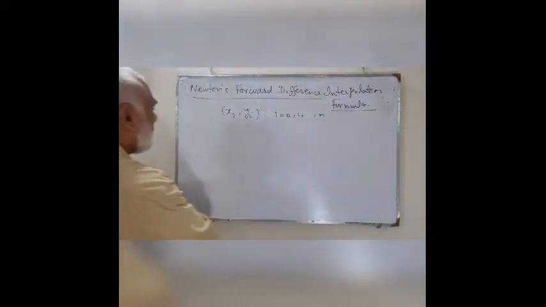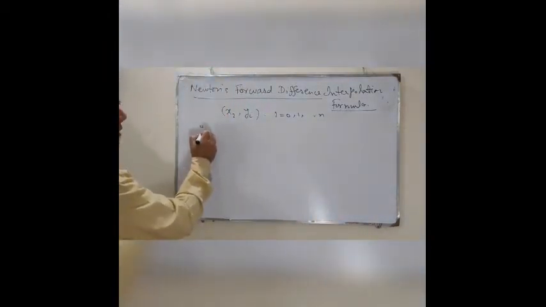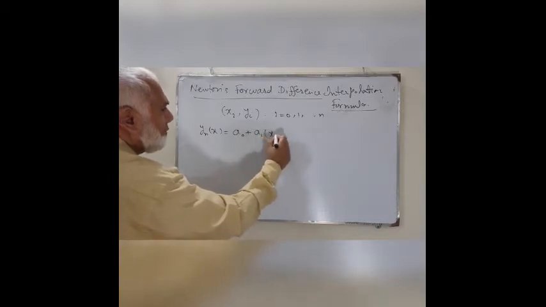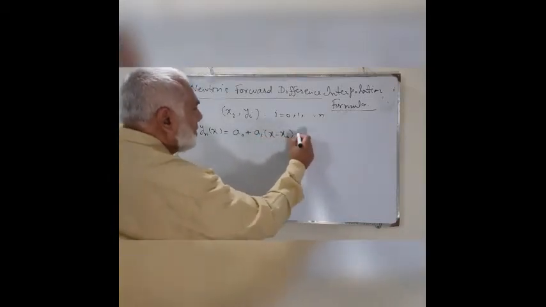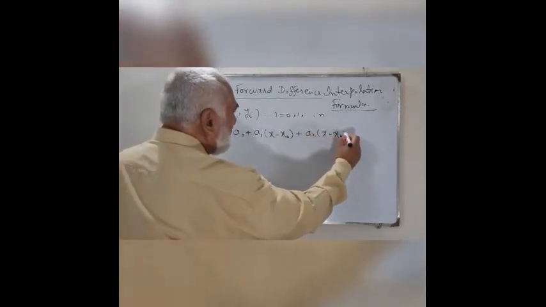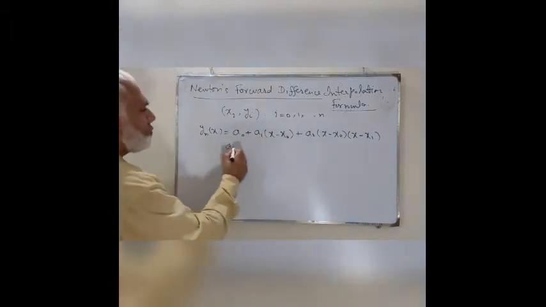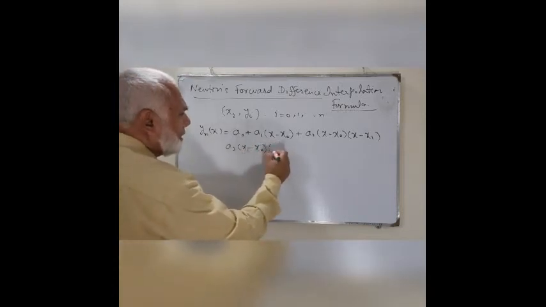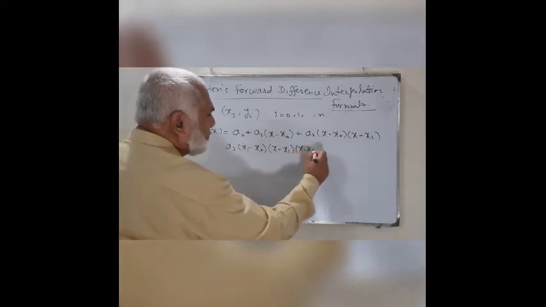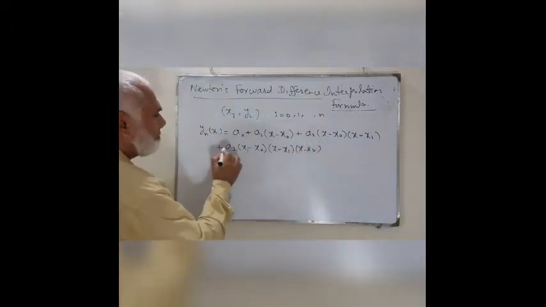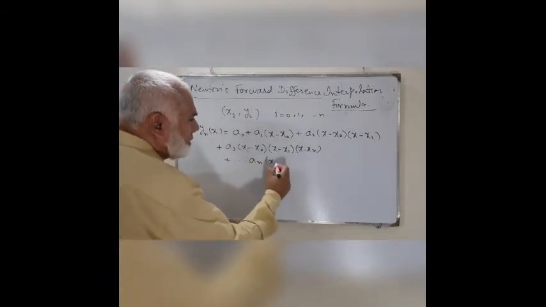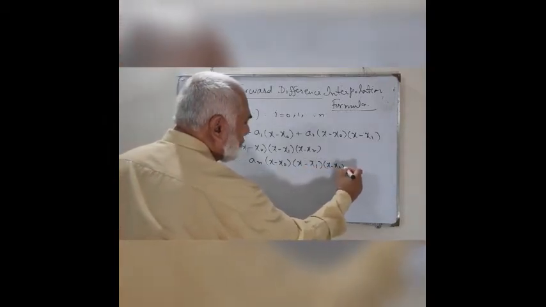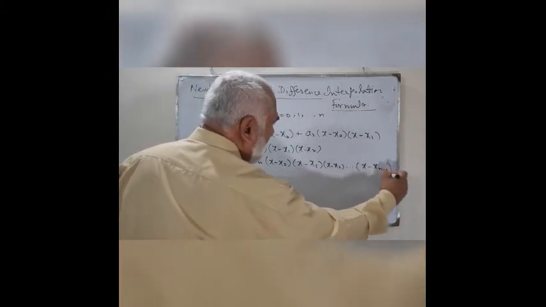Let me write down the nth degree polynomial which we are going to work on. yn of x equals a0, plus a1 times (x minus x0), plus a2 times (x minus x0)(x minus x1), plus a3 times (x minus x0)(x minus x1)(x minus x2), and you can write many more terms, and finally an times (x minus x0)(x minus x1)(x minus x2) and so on, up to (x minus xn minus 1).